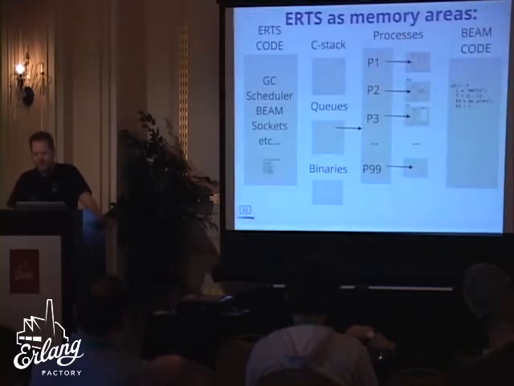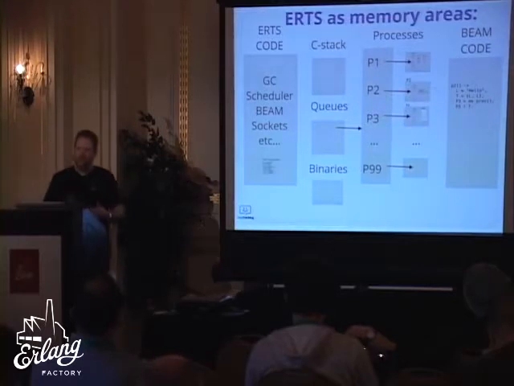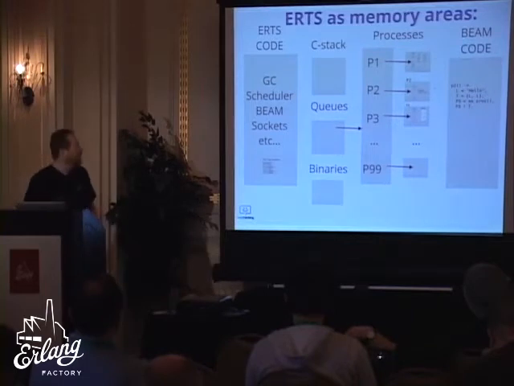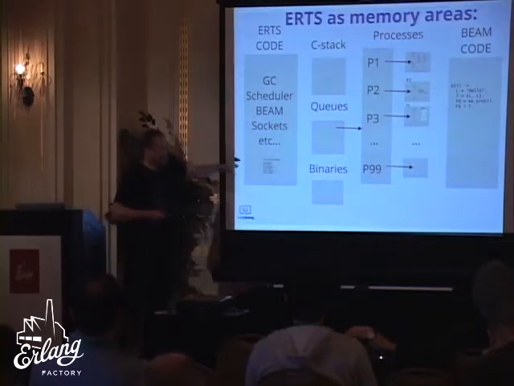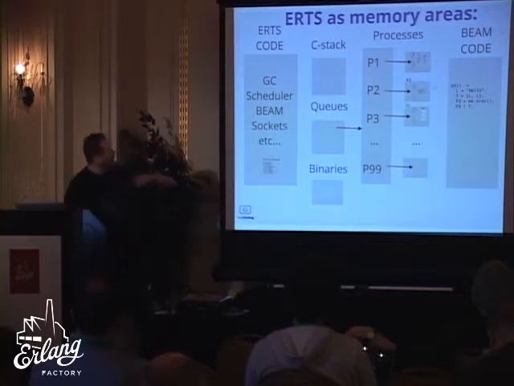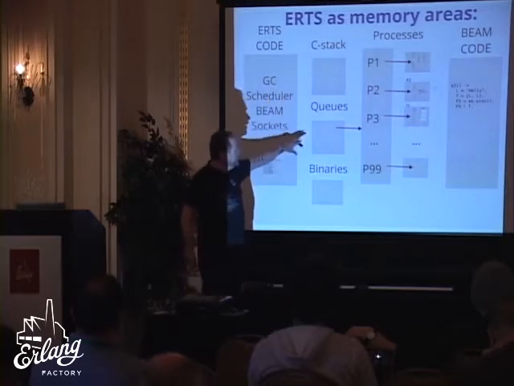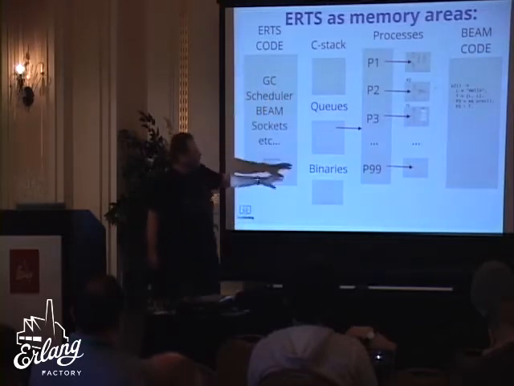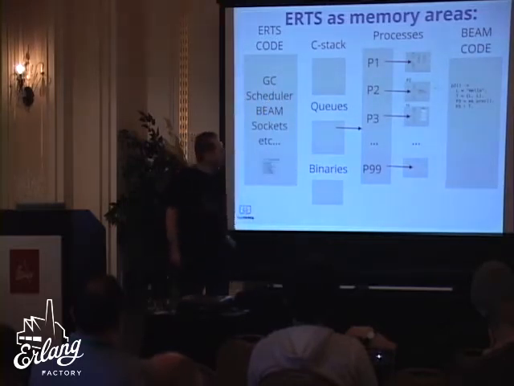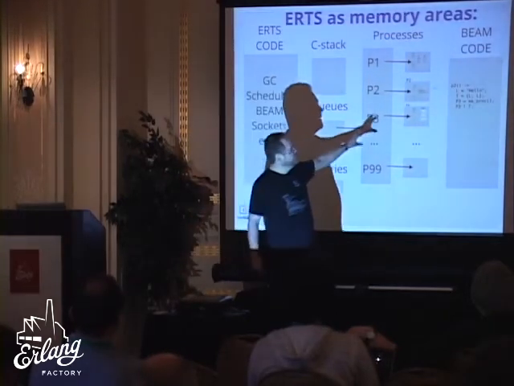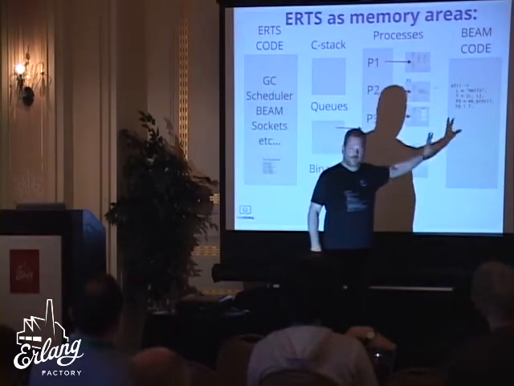So if we look at the Erlang runtime system as memory areas instead, laid out in memory, we have the runtime system code, the C code. We have the C stack, which the emulator and the runtime system is running on. We have lots of queues. We have a separate area for binaries. And we have processes. And then we have loaded Beam code.